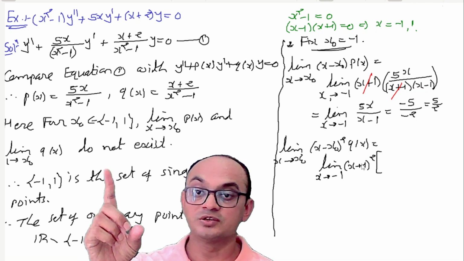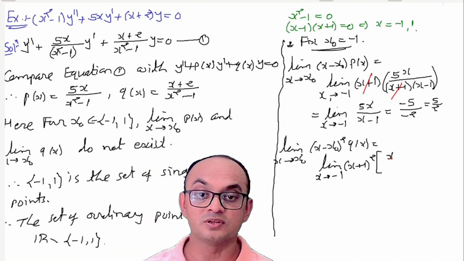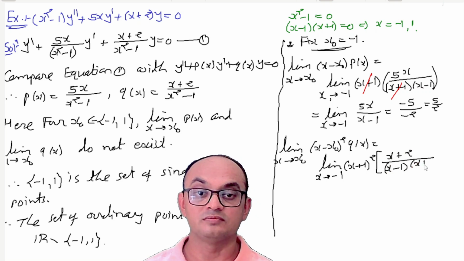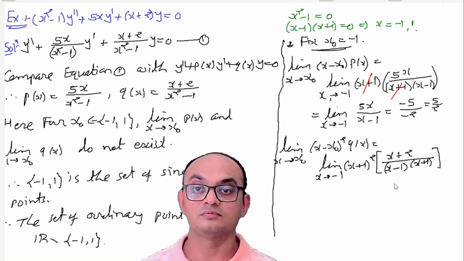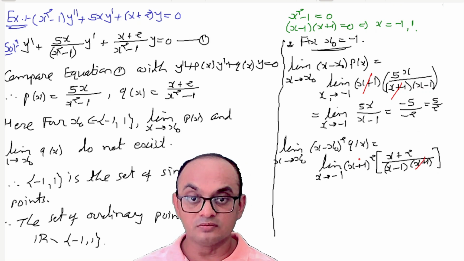What is qx? qx is x plus 2 upon x square minus 1, so this is x plus 2 upon (x minus 1)(x plus 1). Can I cancel out x plus 1? Yes.